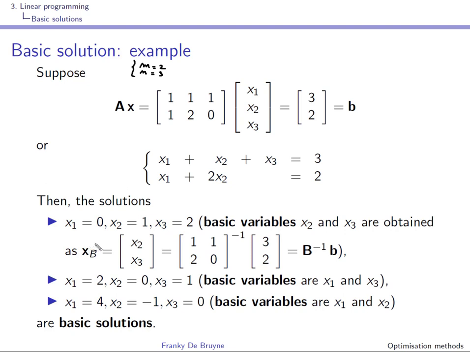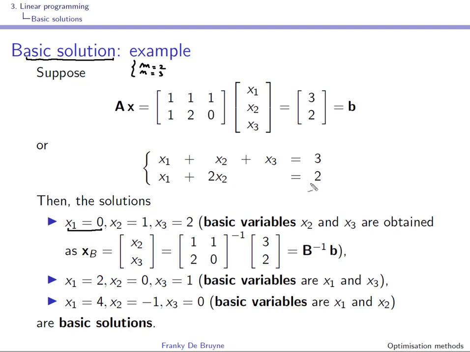So we look at basic solutions. In this case, what we have to do is set n minus m, so one of the components of x, to 0. We have, of course, 3 possibilities. We can set x1 to 0, x2 to 0, or x3 to 0, and they will all lead to basic solutions, right? Let us take the first case where we set x1 to 0.